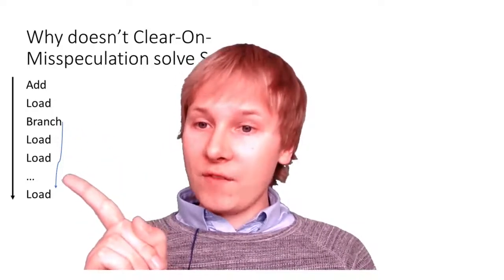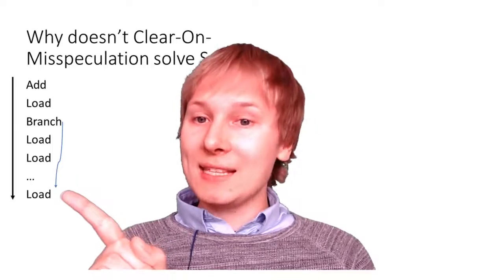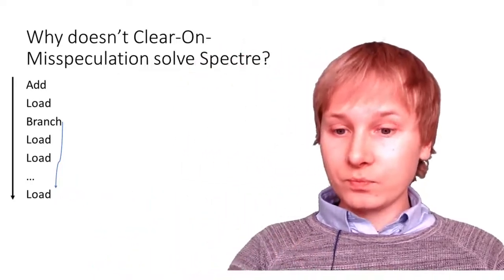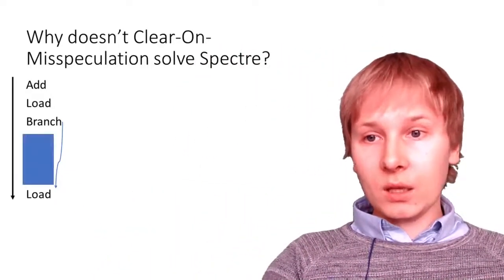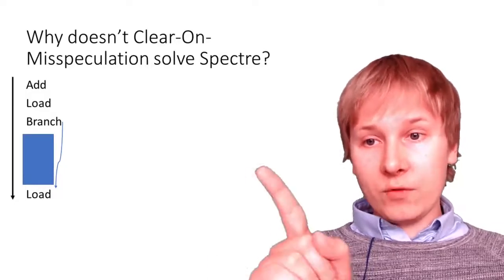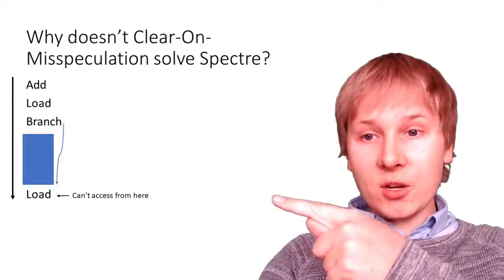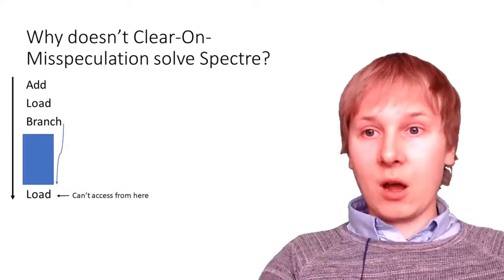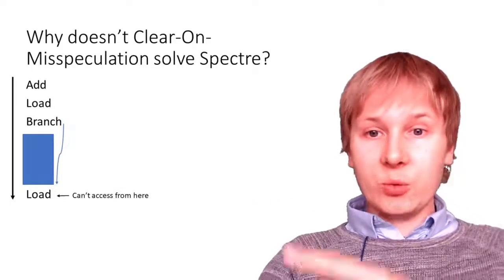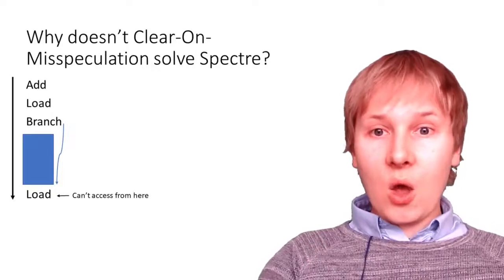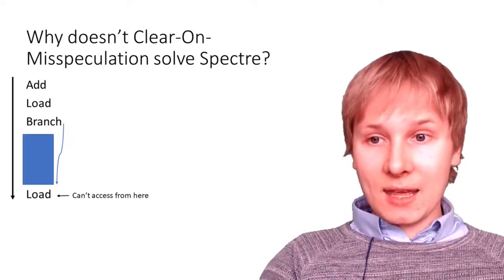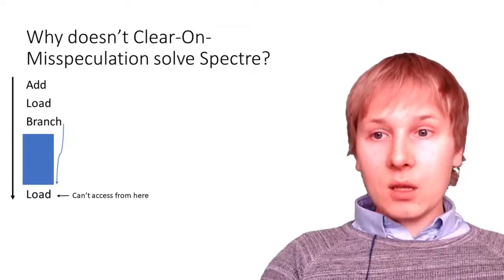We eventually discover the misspeculation, and this load here is the next valid instruction. So all of those are rolled back. If we then wipe the cache, well, we certainly can't access it from this load here, right? Our clearing at the end of misspeculation, once we've restarted execution, will prevent us from learning anything past that point.